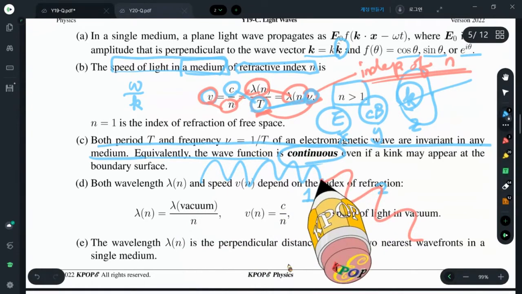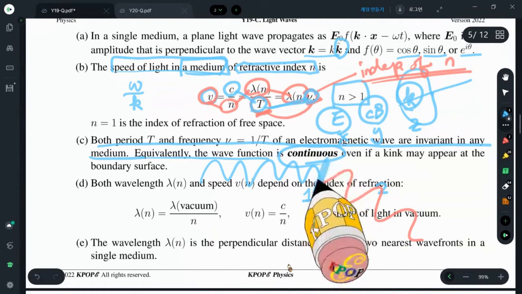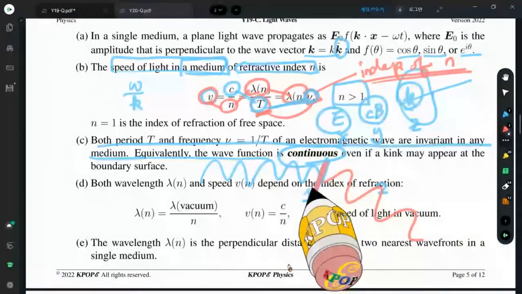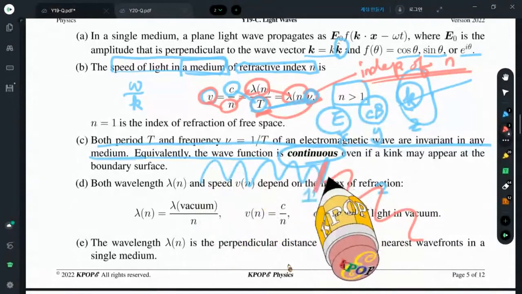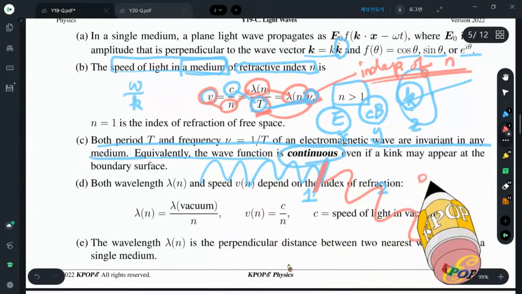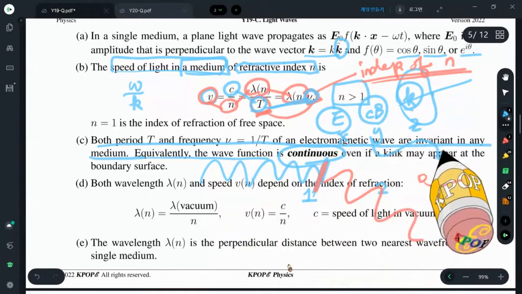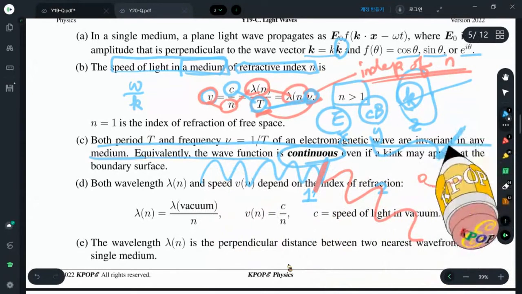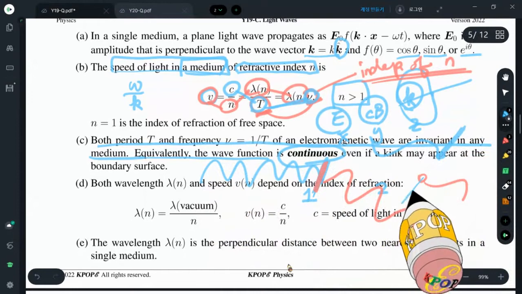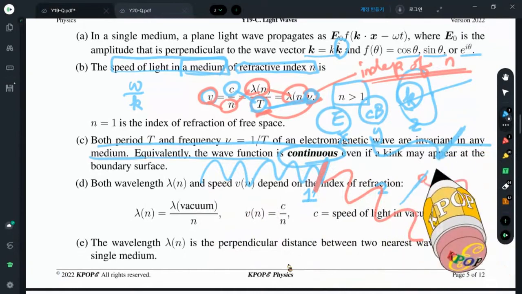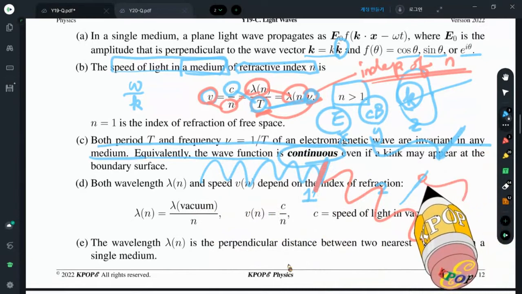The reason is that it actually oscillates up and down, but if the frequency of oscillation on the red side and the frequency of oscillation on the blue side are different, then the connection of these two waves will be broken, because this oscillates frequently and this oscillates slowly. In that case, there is no way to connect these two continuous lines.